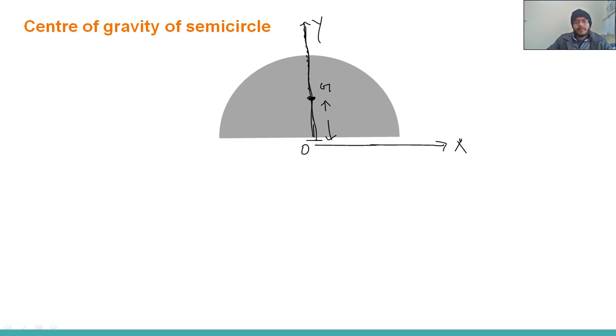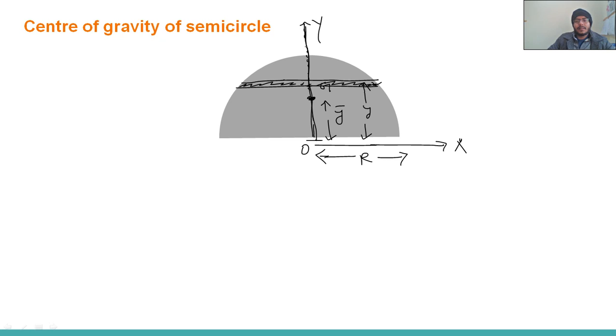What will be the value of this, means this y bar? We have to calculate y bar, and here the radius of this circle is r. Okay, so what we will do, take a small segment somewhere here, and its distance is y.